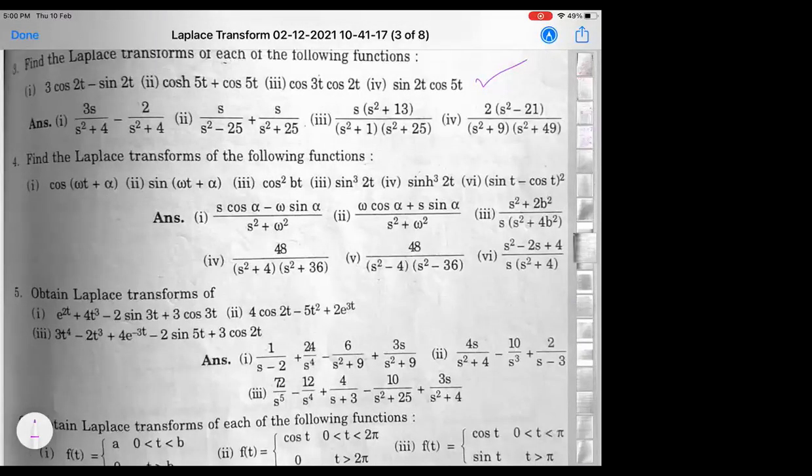Many problems are given with different variety. Of course, you need not do all, because you do not have that much time, and integration methods also at present you are not familiar with.